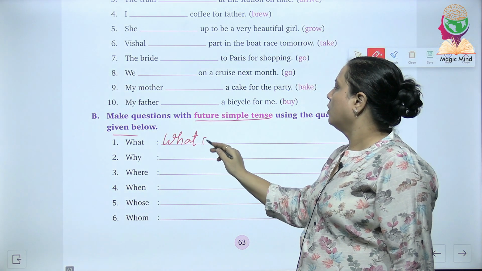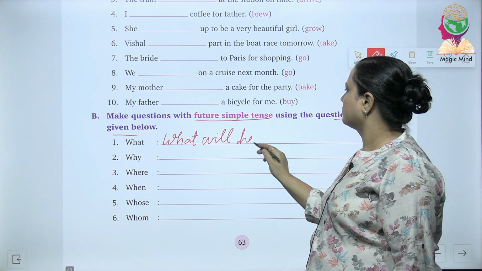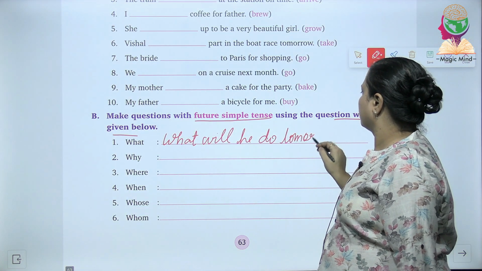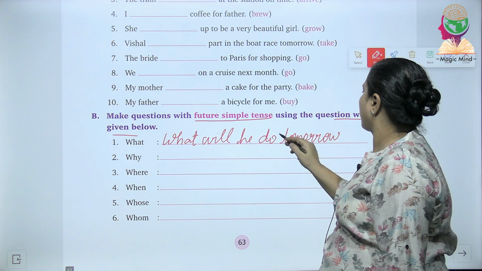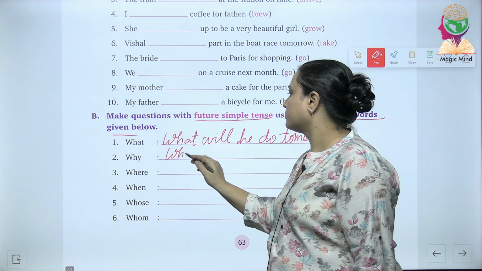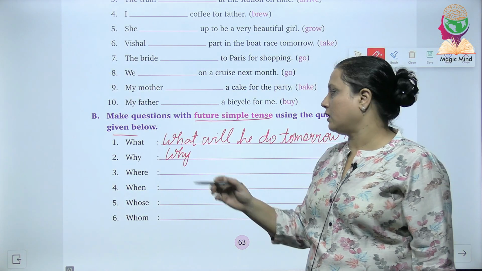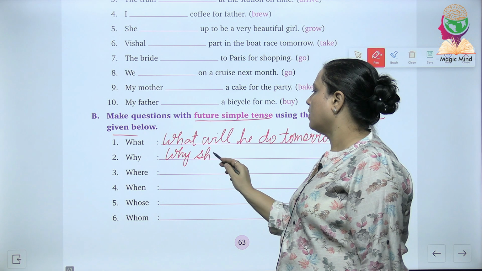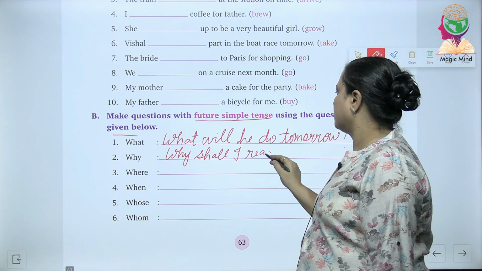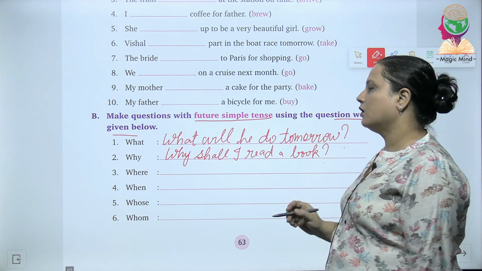What will he do tomorrow? Why? Now when I am writing why and if I am using I or we, I will write here shall. Why shall I read a book? And a question mark.